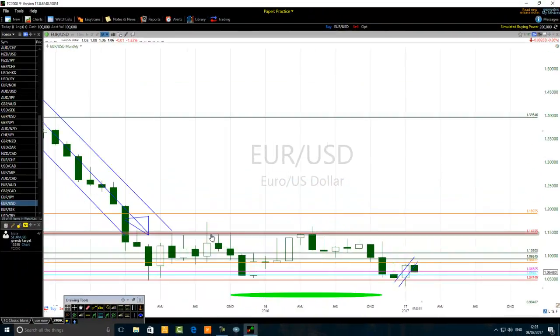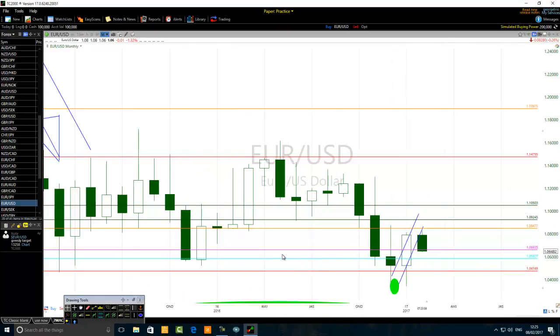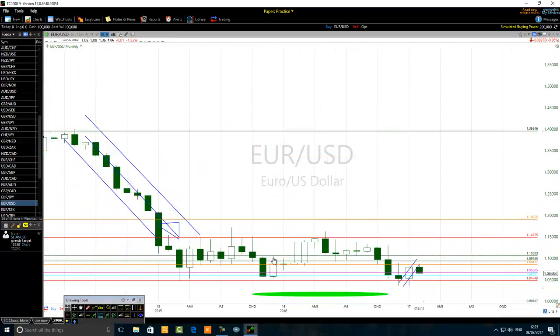So remember that. This is what I want you to pay attention to. There is a bigger channel which I mentioned before, but right now the consolidation that we must watch is between 1.0847 and 1.0474. The median line of that smaller channel is the pink line here at 1.0660. So right now there is a change in the market pattern, not a fundamental change, but a reduction in the market pattern.